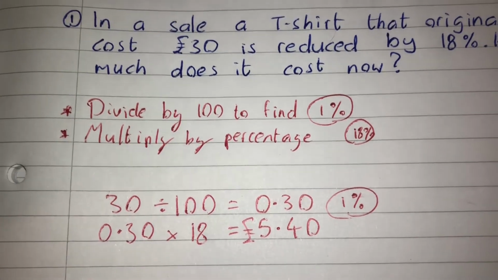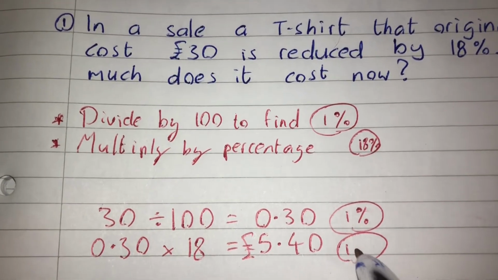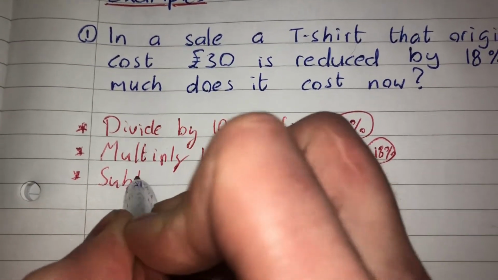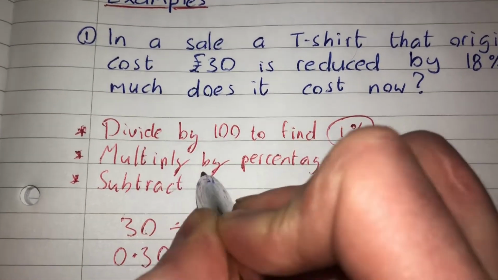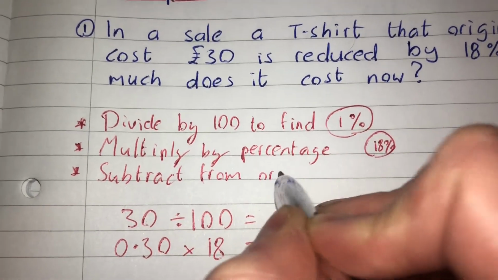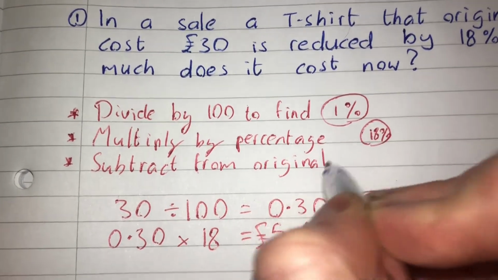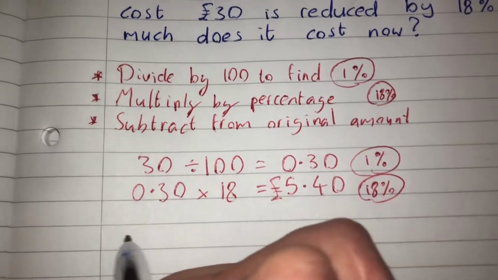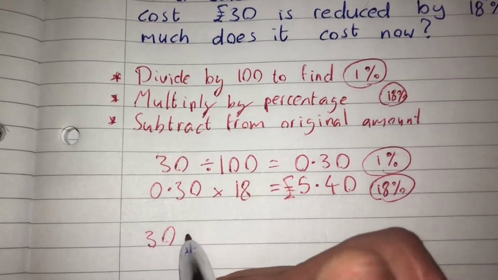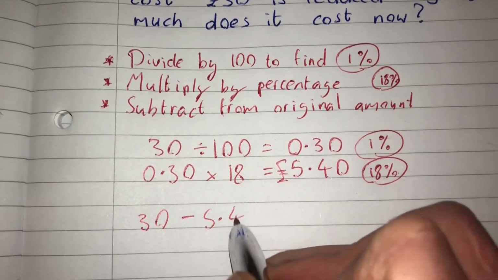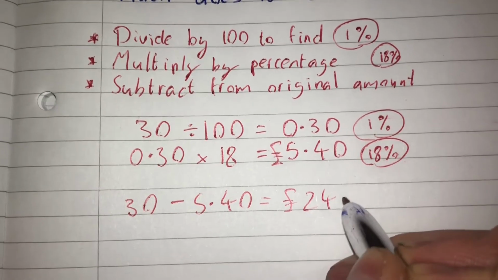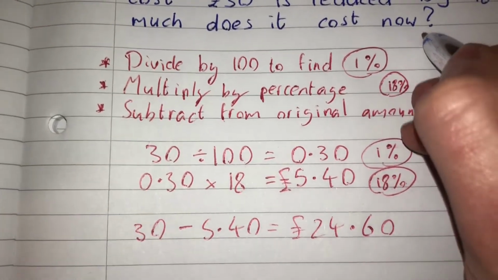So it's been reduced by 18%, so all we have to do is subtract from the original amount. That is our last step. So we're just doing £30 take away £5.40, and that will leave us with £24.60. So that's one way of doing it.